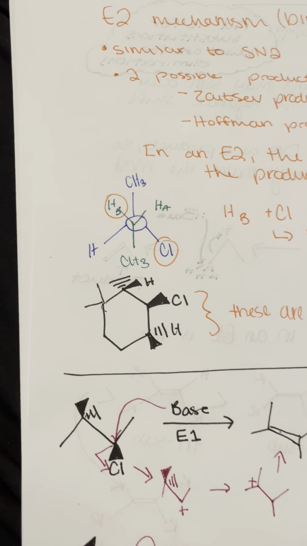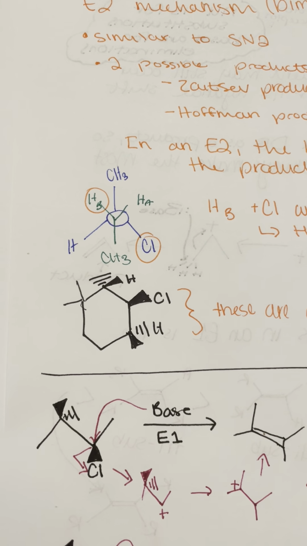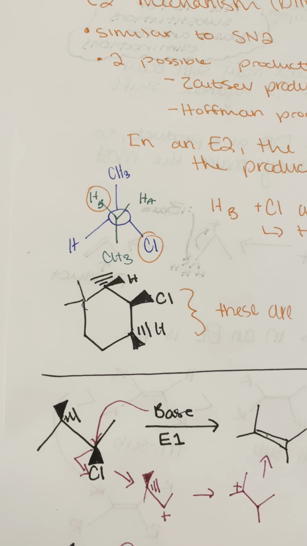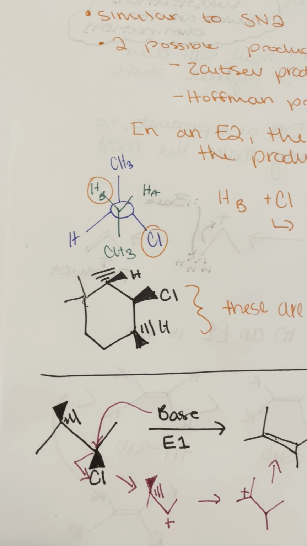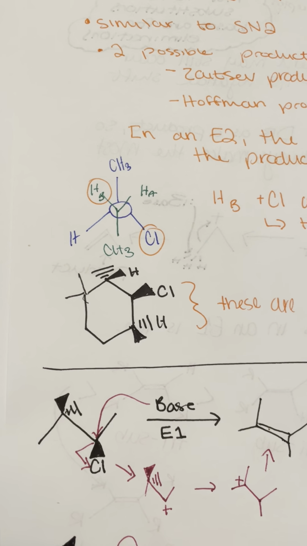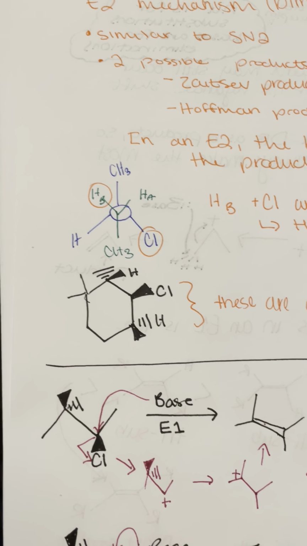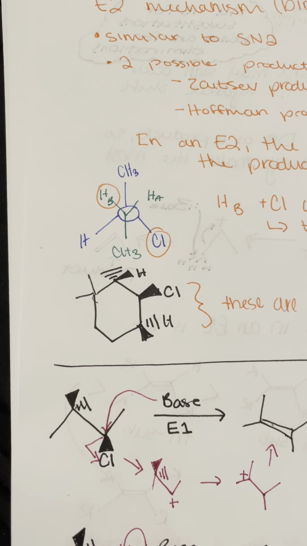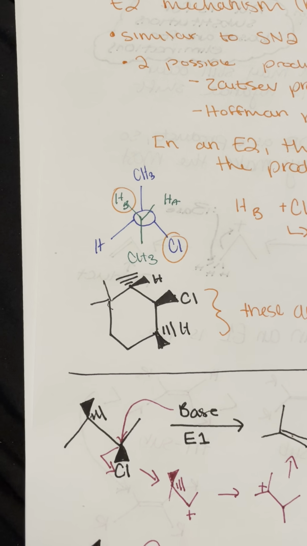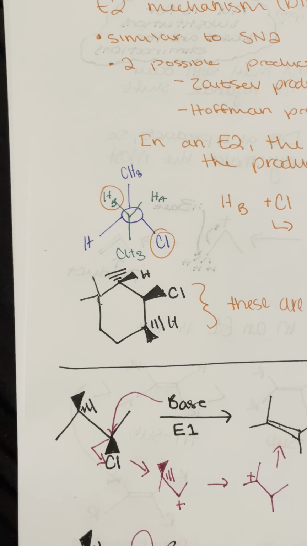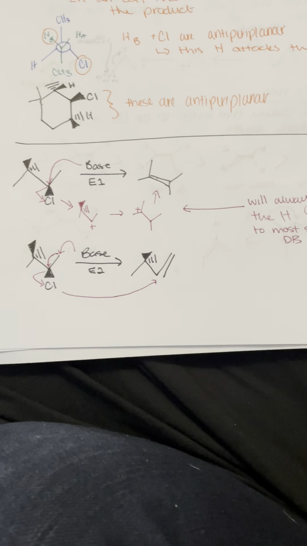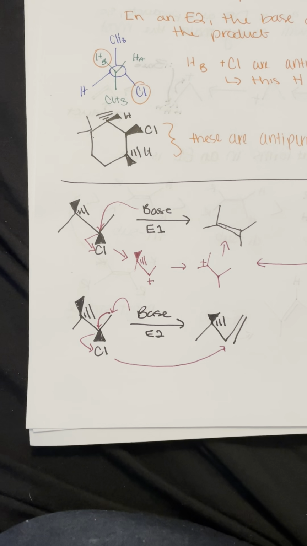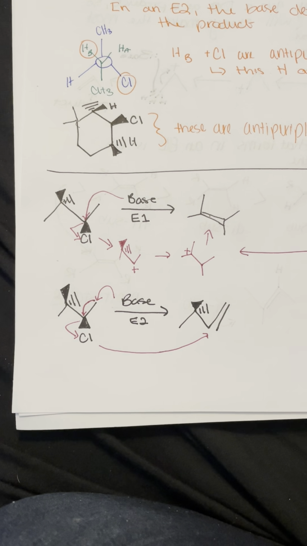Because, as I stated earlier, the hatch is facing away from you and the wedge is facing you. So they're farther apart. And this is the H in comparison to the other H that attacks the Cl for the mechanism. And down here below, I have some examples to differentiate between E1 and E2.